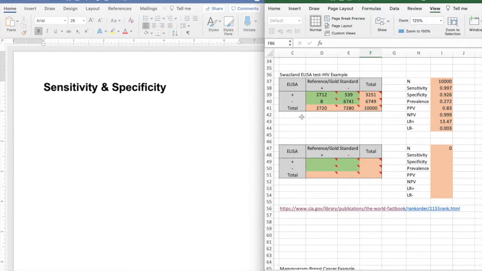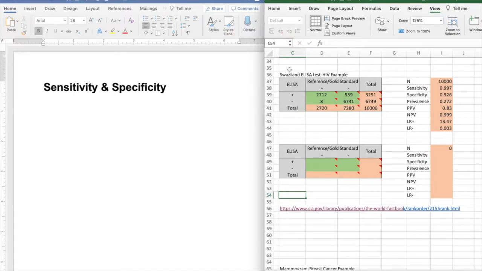So the population is going to be the country of Swaziland, and the data is coming from this link here. Essentially, we're looking at a test called the ELISA test that tests for HIV.